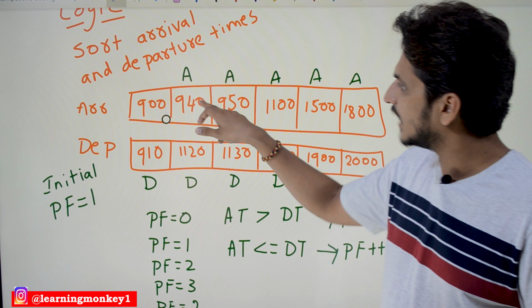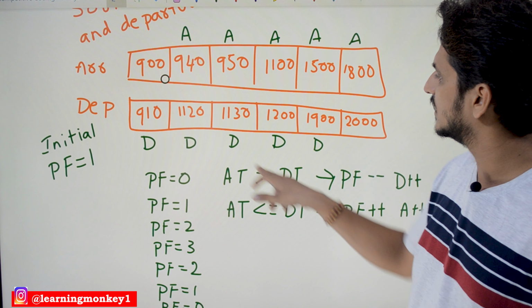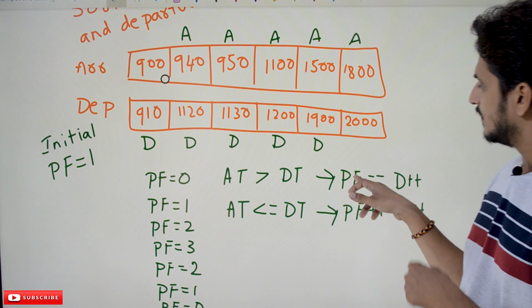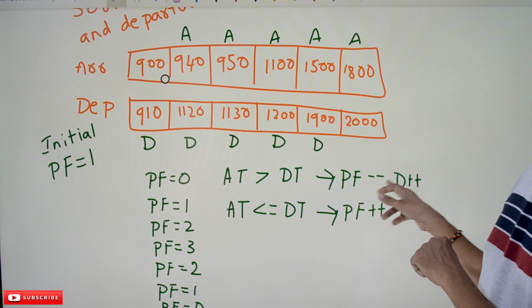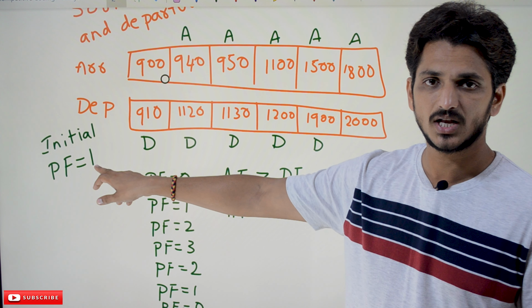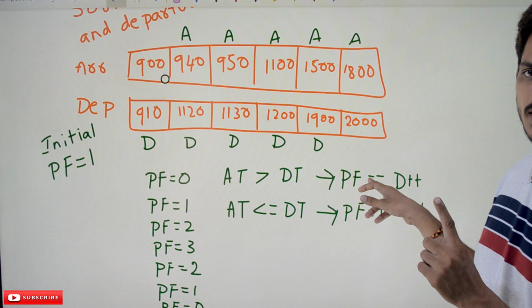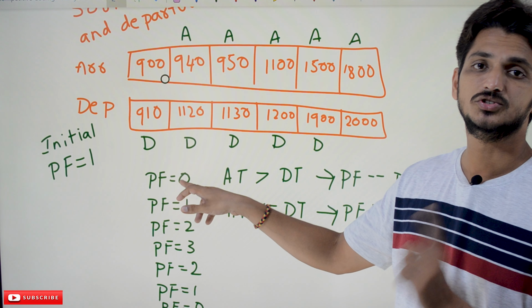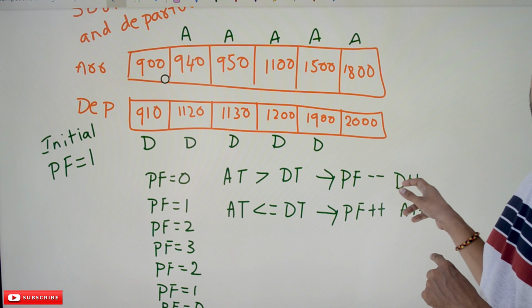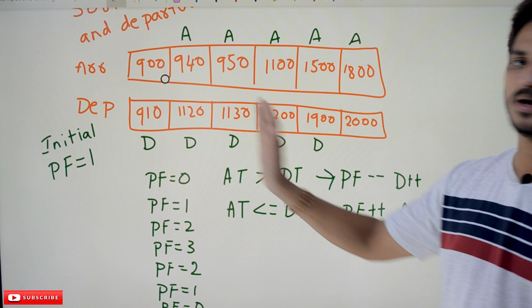So if the arrival time is greater than the departure time, platforms minus. How many platforms did we have initially? 1 platform. If you subtract, how many platforms remain? 0. And D++, take the next departure value.